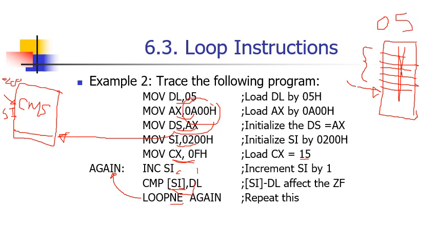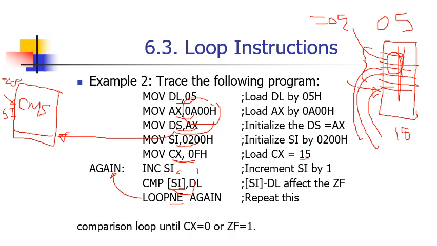So if you pick a value which is not 5, you loop again and go to the higher addressed value. You do this till you either finish 15 locations or you find one of these locations equal to 5.